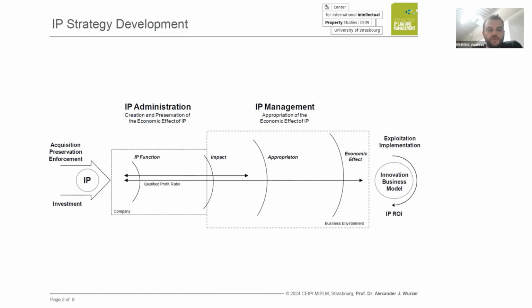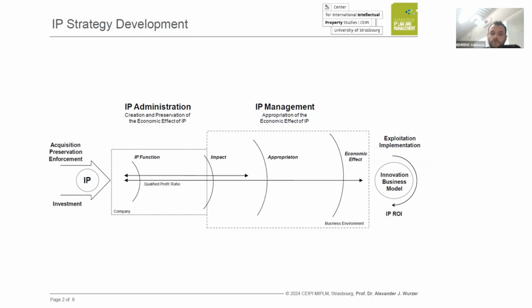So we'll speak about IP strategy development. And we have this chart where we want to guess how to have an IP impact. My understanding is that it would be smart to start from the right to the left, to identify an economic effect, to identify what we need to appropriate to obtain this economic effect.